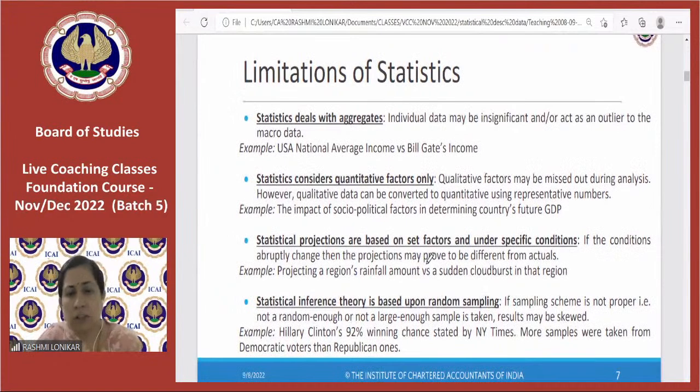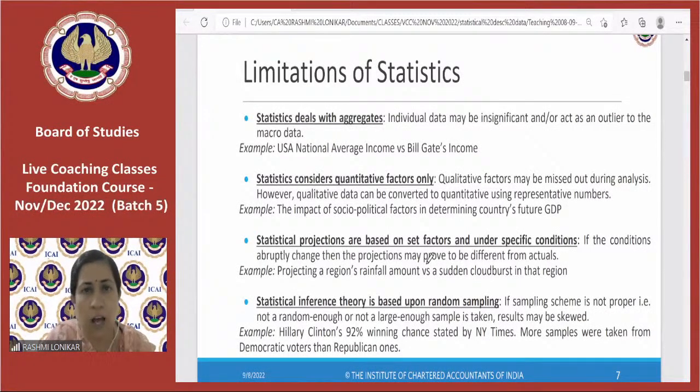All this is very good, but there are certain limitations when I'm talking about statistics. The first limitation is that statistics deals with aggregates. It does not consider an individual as a person, but as part of its sample size, part of its data.